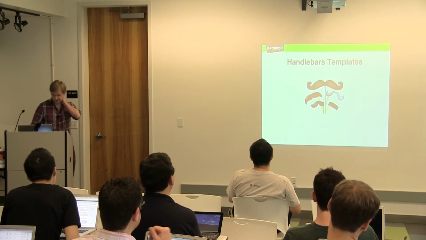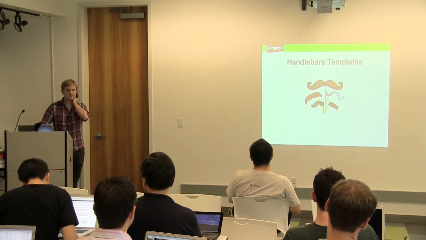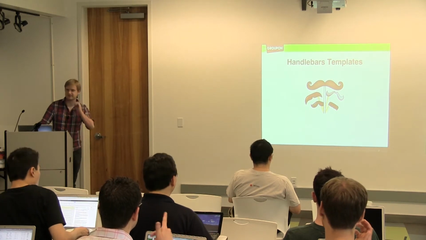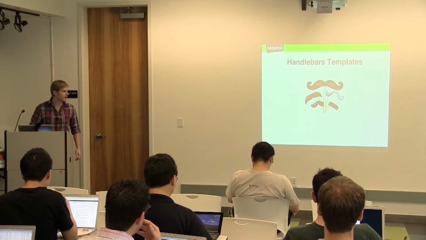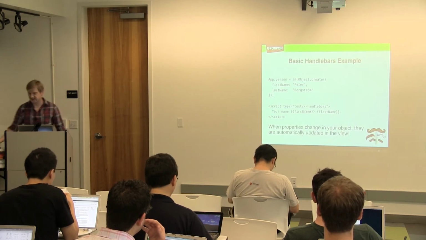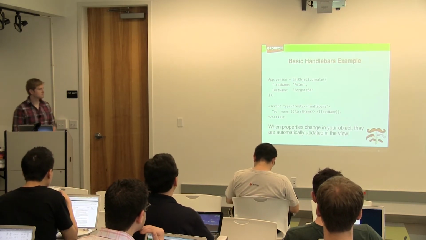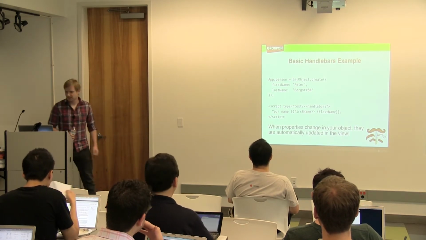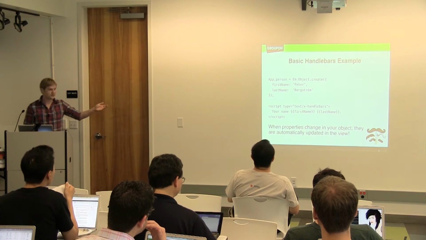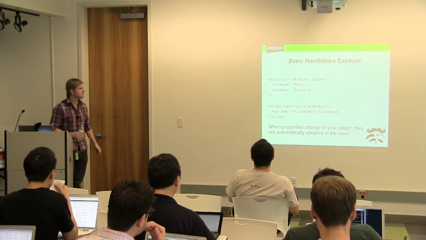So handlebar templates. Anyone familiar with this? Excellent. So the spin that Ember takes on mustache tags and all that stuff is, I don't know if it's necessarily unique, but I really like it. In this case, I have a person, myself. I have a first name and a last name.